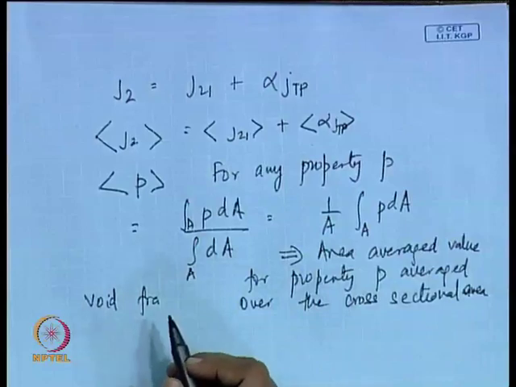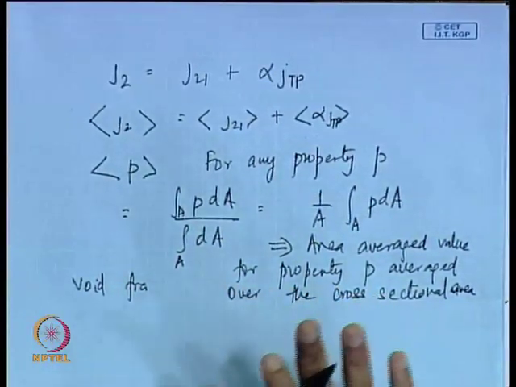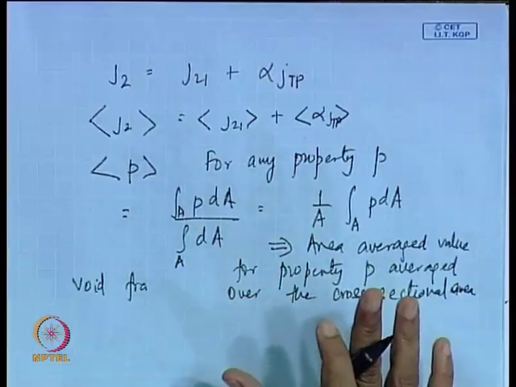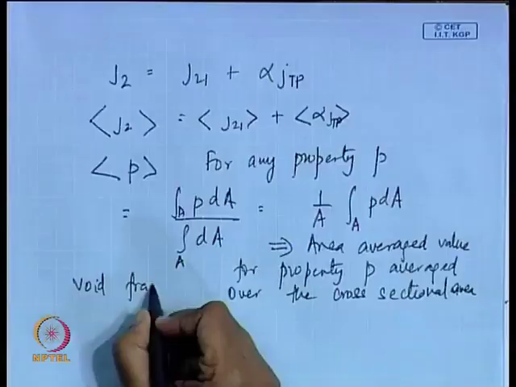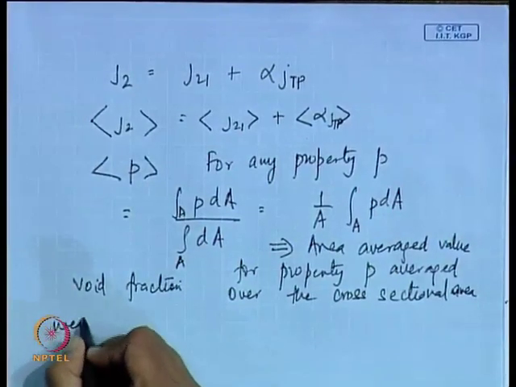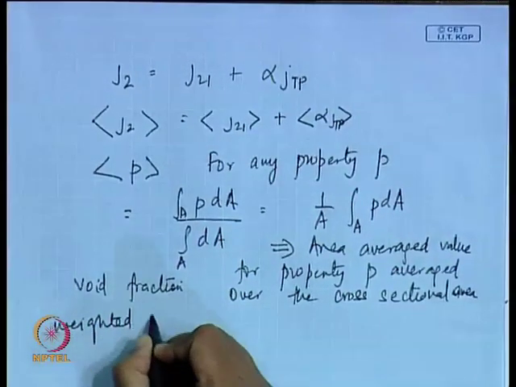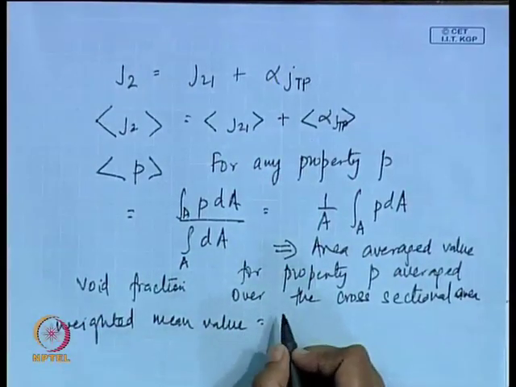And when we have two phases, both phases do not occupy the entire cross sectional area. Say phase 1 occupies A1 part of the area and phase 2 occupies A2 part of the area. Under that condition, there is one additional definition, which is the void fraction weighted mean value, meaning it is weighted against the void fraction.